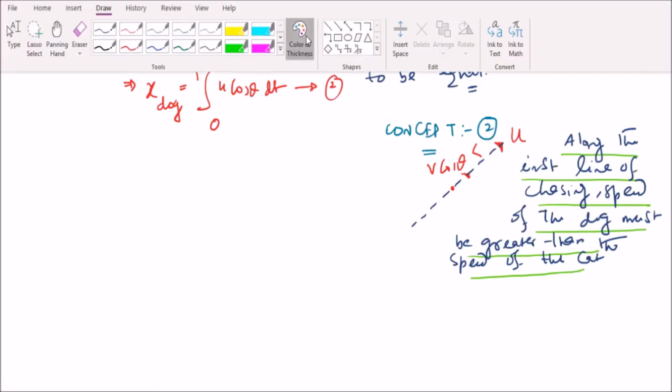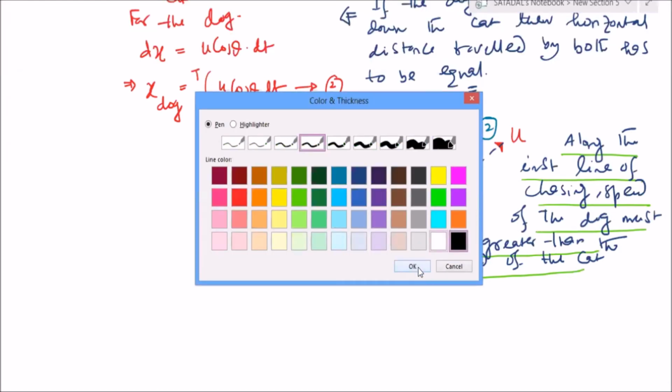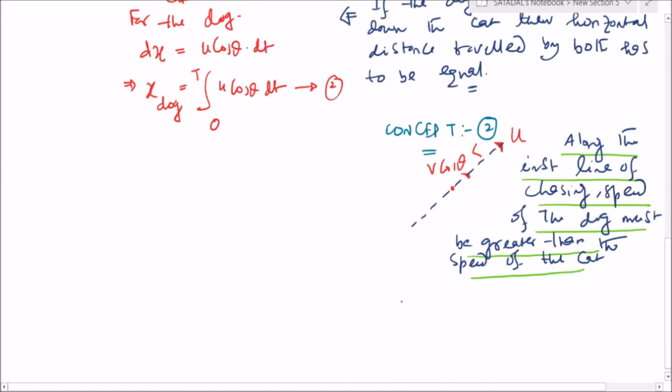Okay? Fine. So next, now the application part. Along the instantaneous line of chasing, what is V relative?